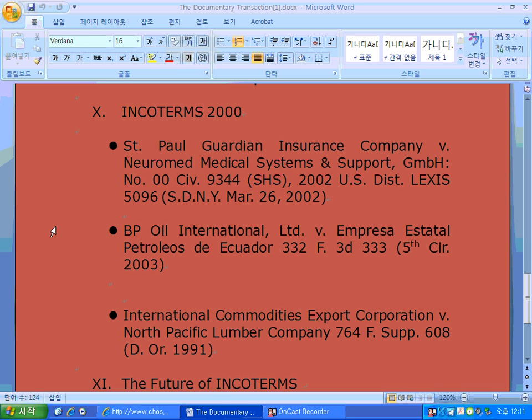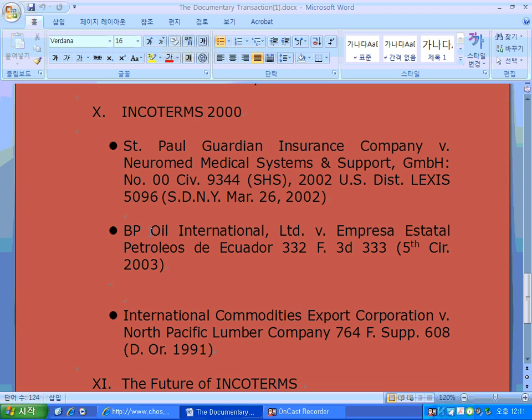We will return briefly to this later in this class. Often the commercial merchant employs the term explicitly, in normal cases.